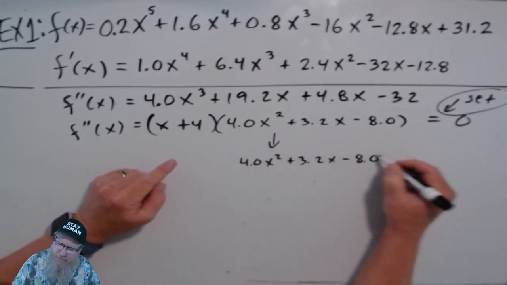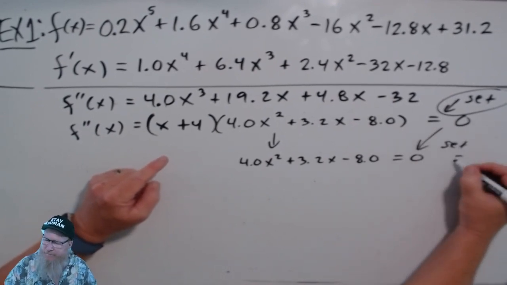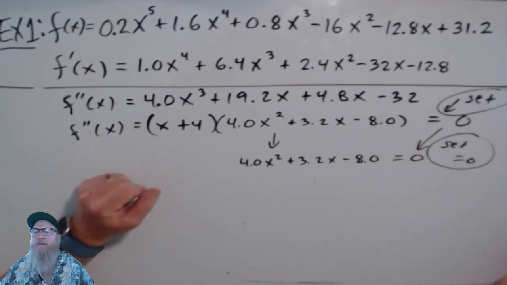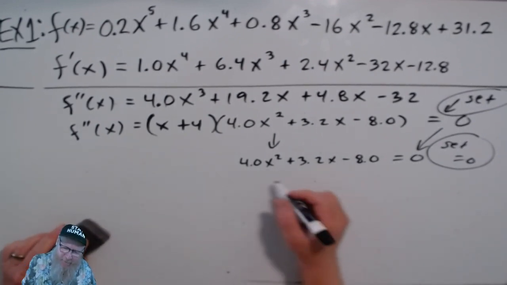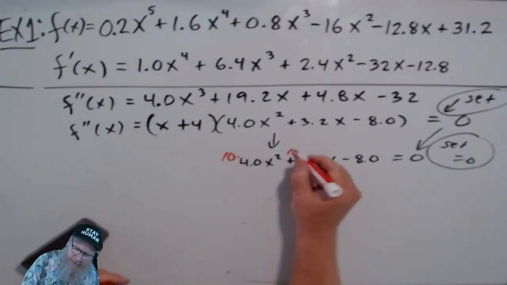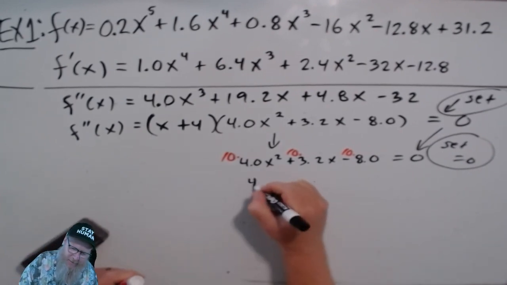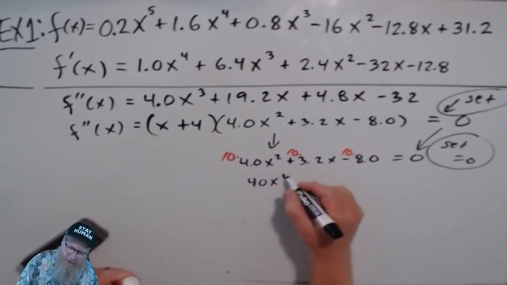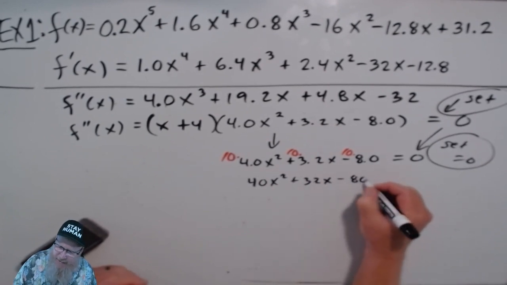So we're setting this equal to 0. You could multiply everybody by 10 if you like. You think that'll help? I don't know if it will. You're going to get 40x squared plus 32x minus 80.